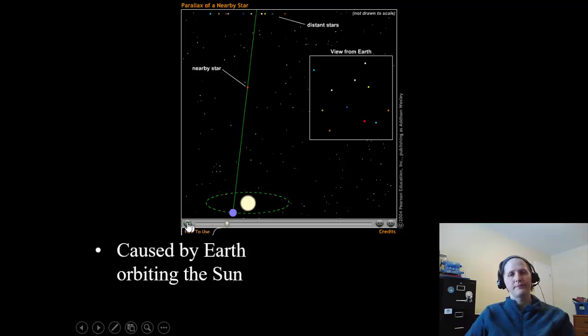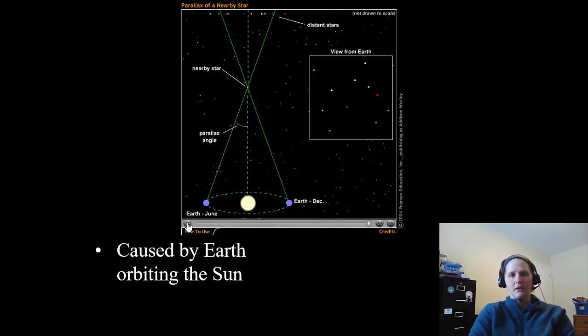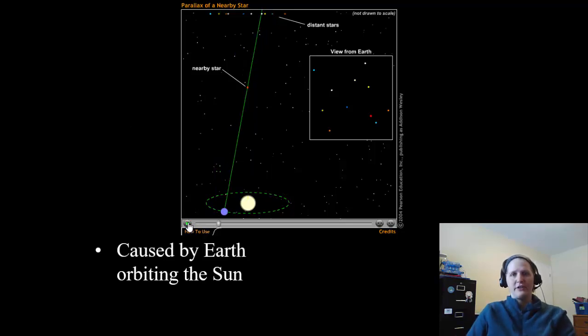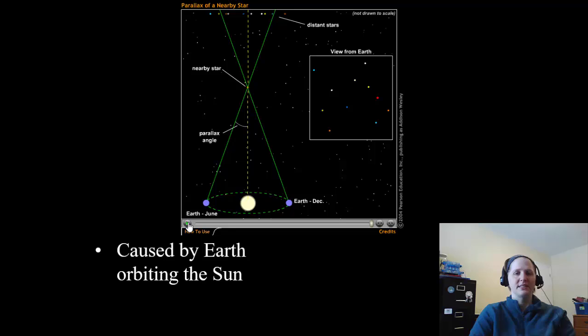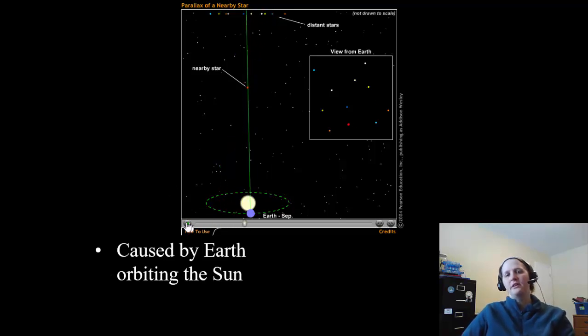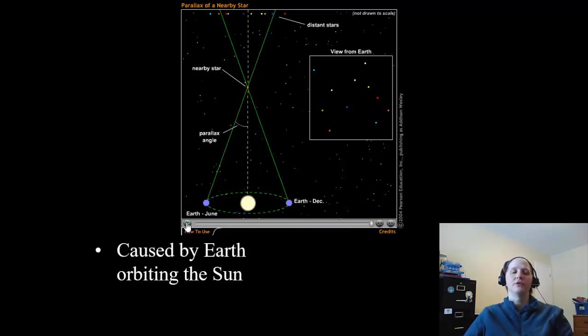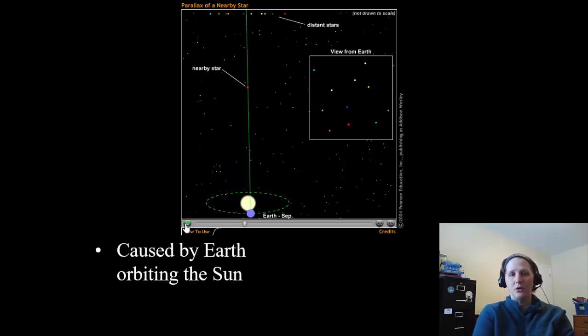So here, play. As Earth orbits the sun, the nearby stars appear to shift. The nearby stars appear to make a loop in the sky. Stellar parallax is proof that the Earth moves. If you can measure it, it's proof that the Earth moves around the sun. We couldn't measure it until we had telescopes because the shift is so tiny.